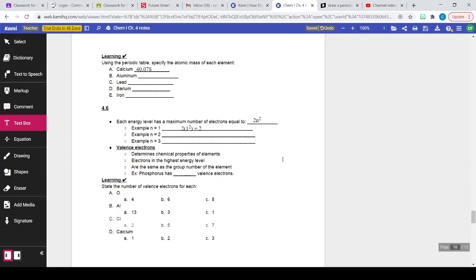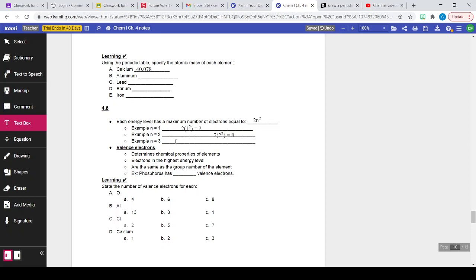That's how I know that first energy level can hold 2 electrons. Now for energy level 2, I'm going to have 2 times 2 squared. And 2 squared is 2 times 2, which is 4. And 4 times 2 is 8. So 8 electrons, right?